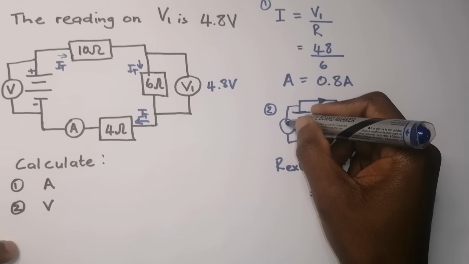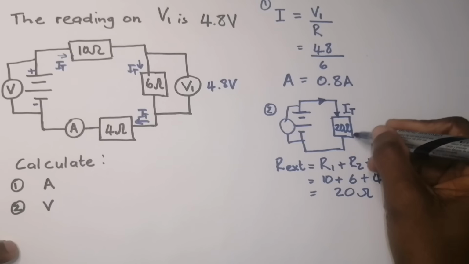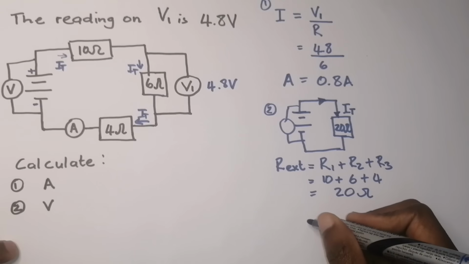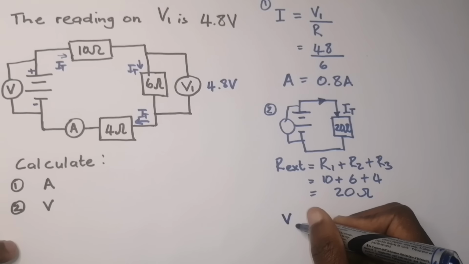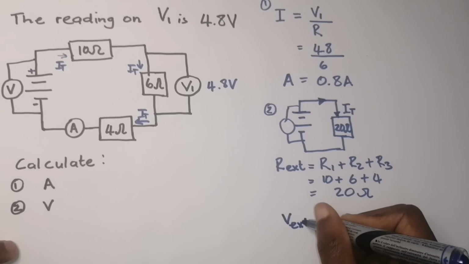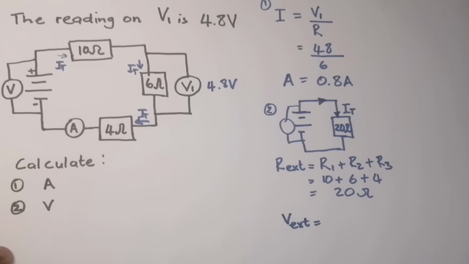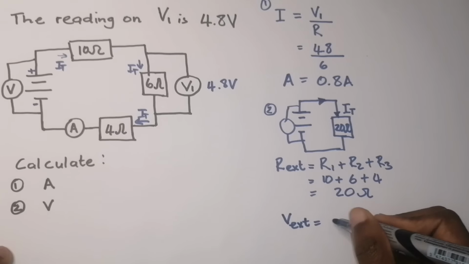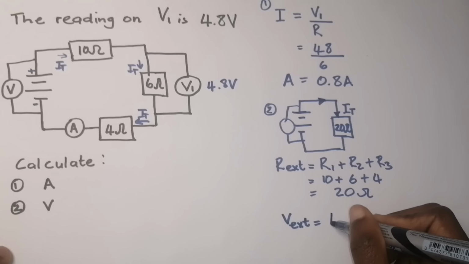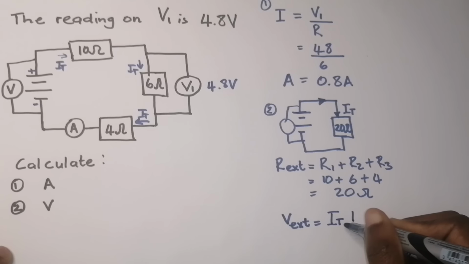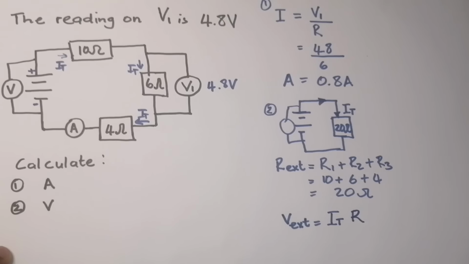So now I want my total voltage. I know what my total resistance is. We said voltage with its corresponding resistance. So I'm looking for V external, or you can call it V total. I'm just wary of using that term for now. So V external is going to be I total times R, since V equals I times R. So V is equal to I total multiplied by R external, voltage with its corresponding resistance.